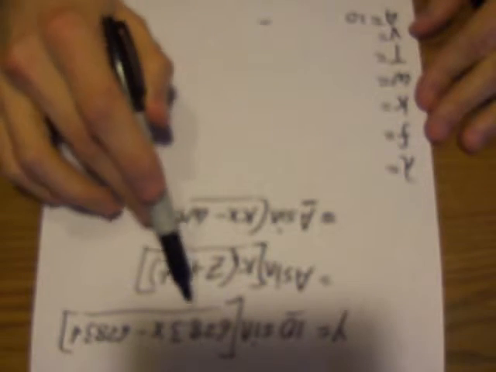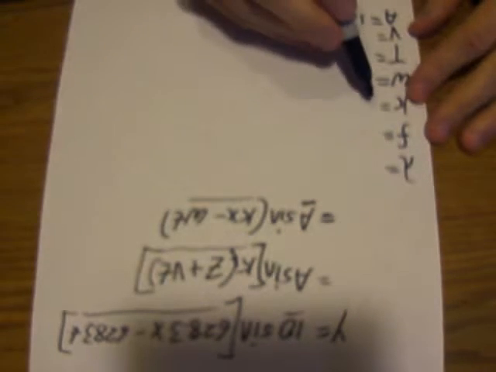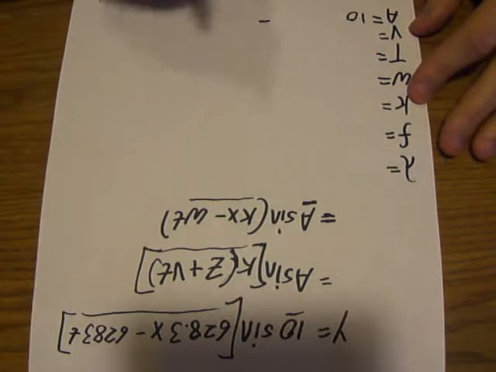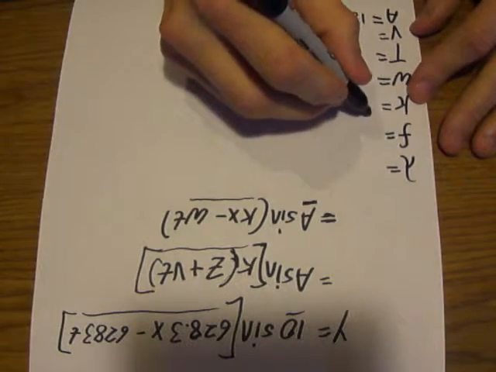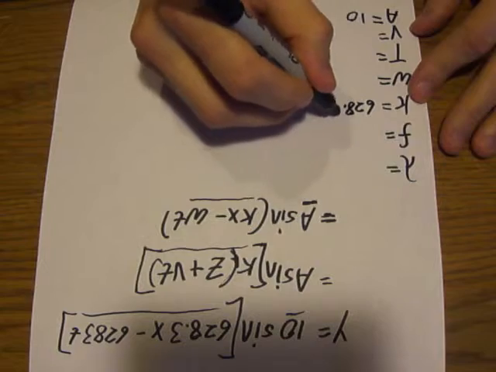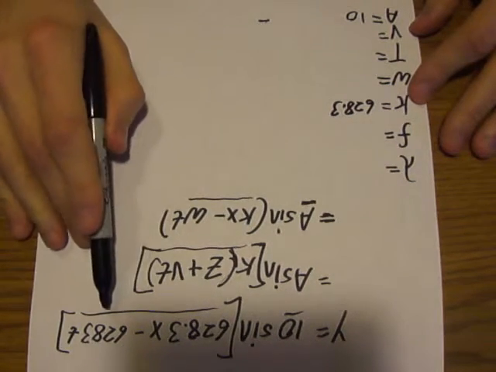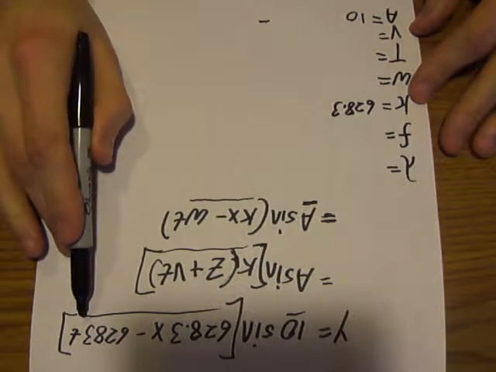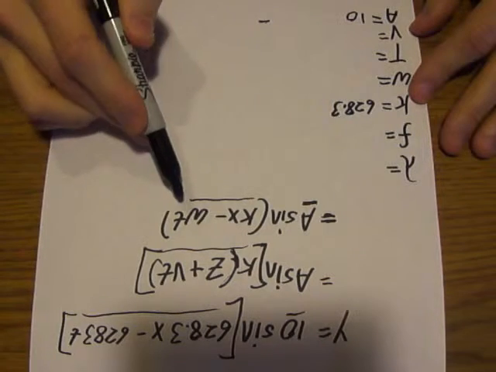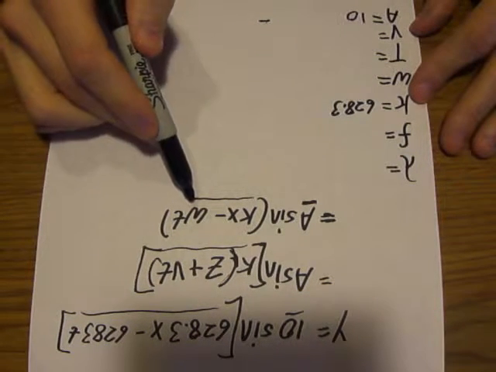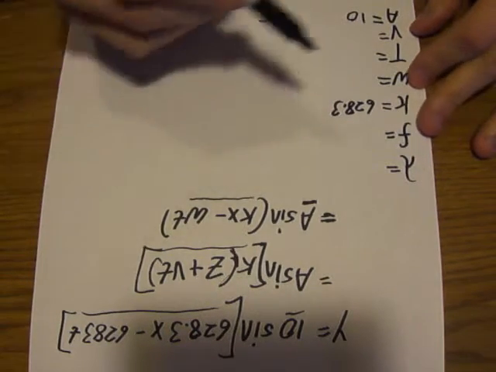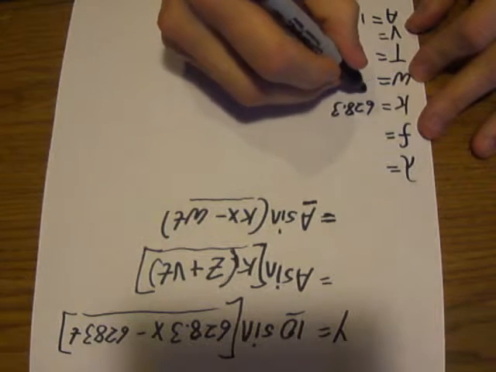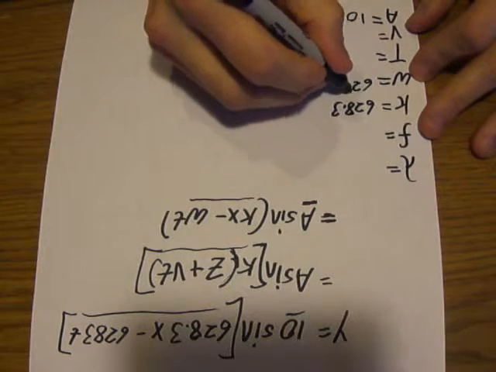The constant k is given in front of x, so we know right away that the wave number, as it's sometimes called, is 628.3. And the value in front of the t, when we match it up to this equation, is the angular frequency, 6,283.